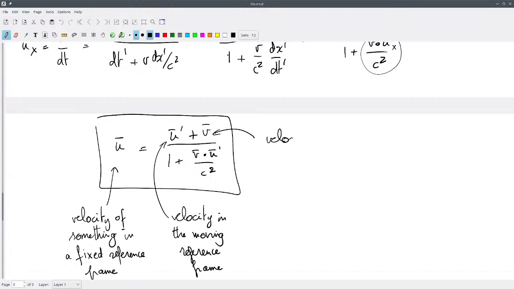That's the velocity of the reference frame.